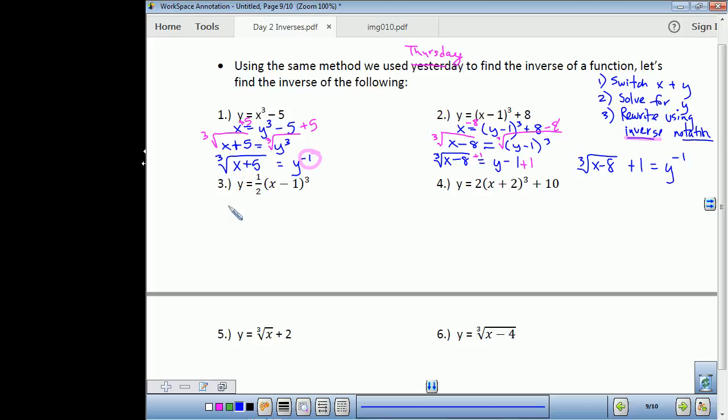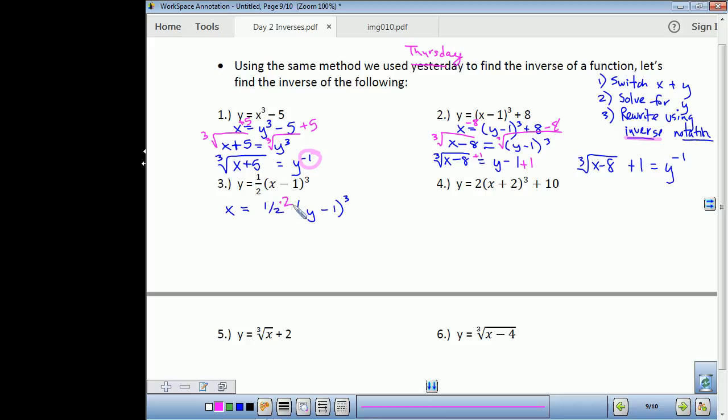Same process. Switch the x and y. So what do we do here to solve for y? What has to go first? The 1/2. What do we do when we have a fraction? Multiply by the reciprocal.